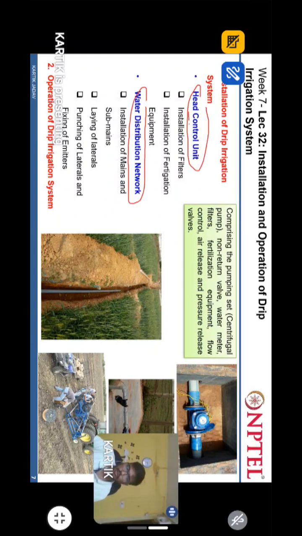Once we have installed the head control unit, next we have the main line. We need to connect this system with the main line, and in the main line we have various submain lines, depending on the field shape, and in submain lines we lay the laterals. On each lateral we have the drip emitters, right?